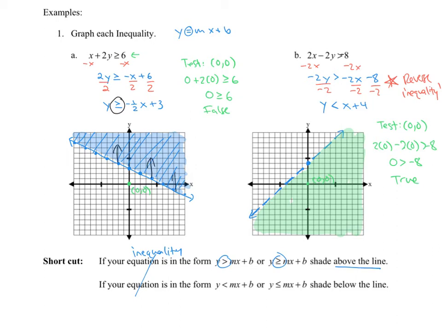We shaded in the up direction, not down. And if you have a less than symbol or less than or equal to, like we did in the final inequality in part B, we ended up with y is less than x plus 4, then you're going to shade down below the line. But again, you can only use that shortcut if you have y on the left and the mx plus b part on the right.